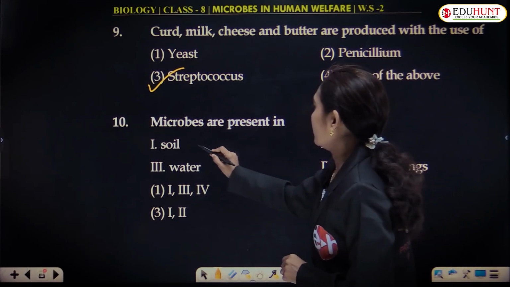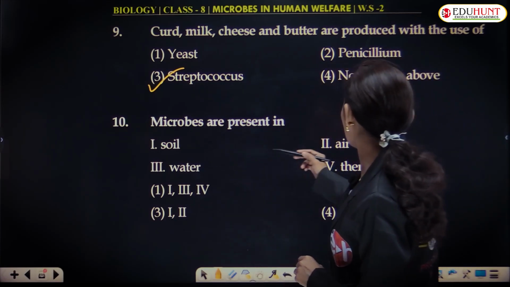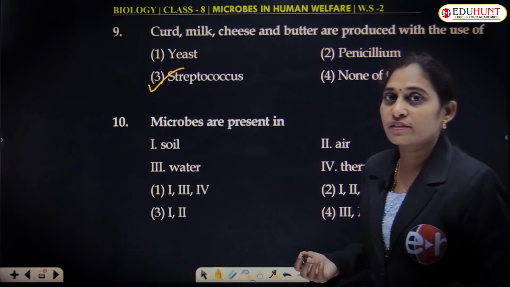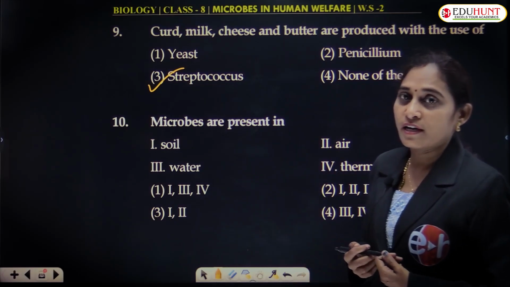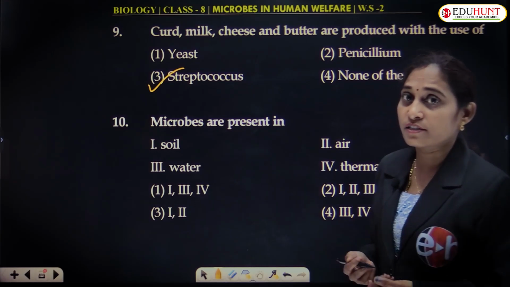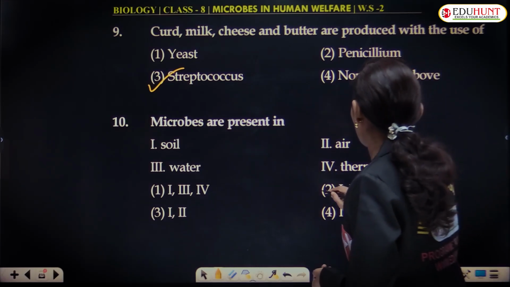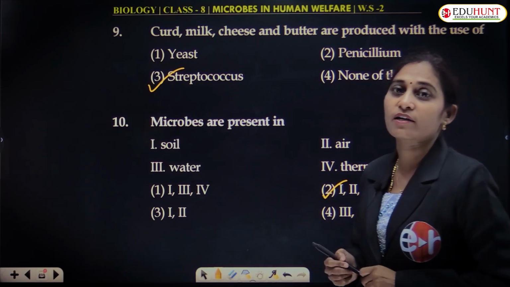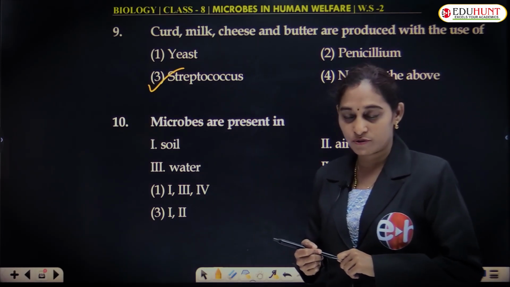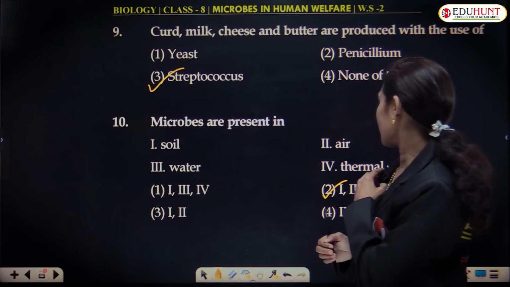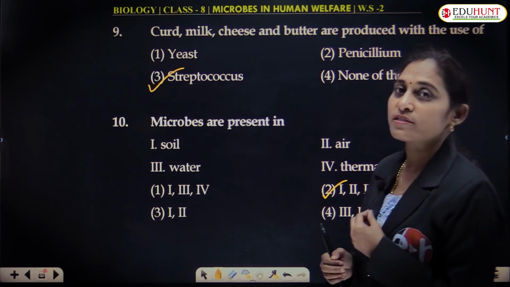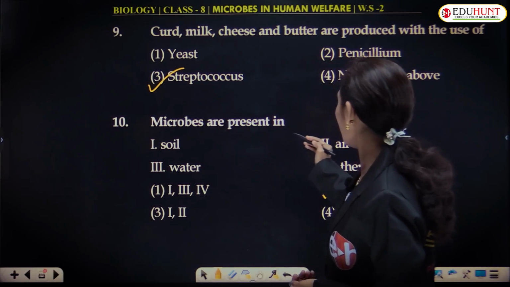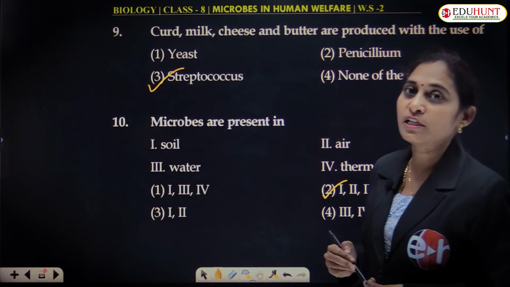So, present in soil, water, air, even in extreme conditions like thermal springs, and even in frost conditions they can live. So obviously the answer is 1, 2, 3 and 4. They are cosmopolitan in distribution. So the answer is 2. Option 2 is the correct answer. They can live in soil, water, air, even in thermal springs.